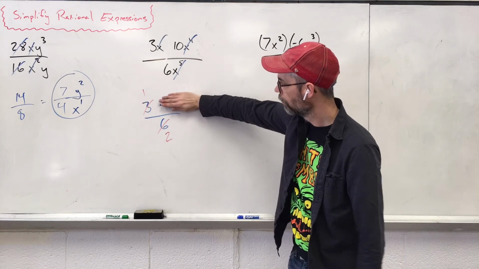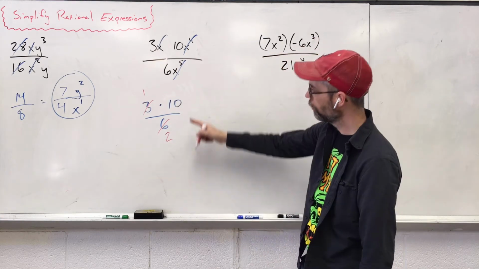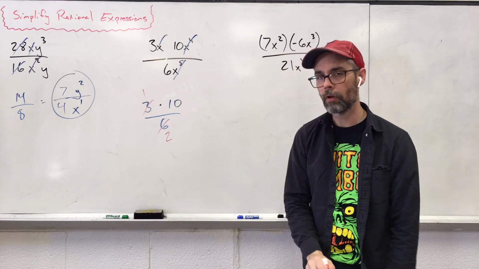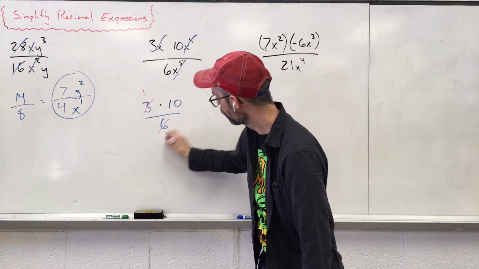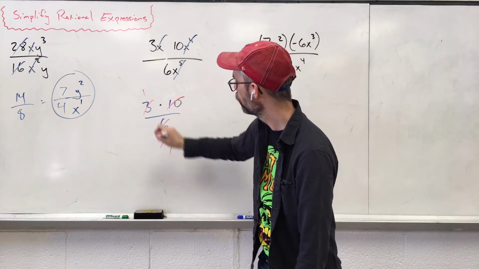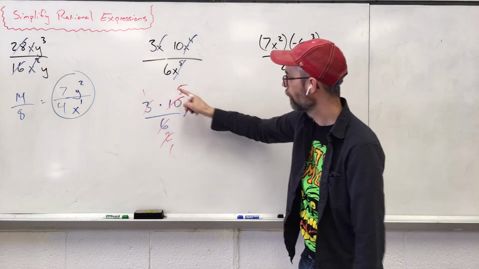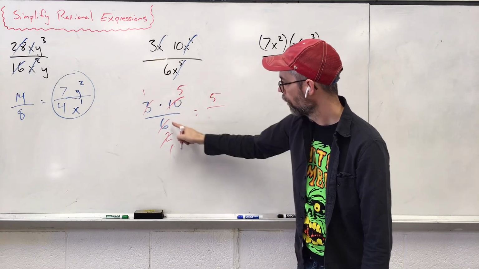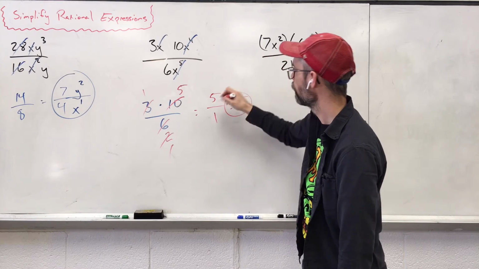So now that 3 is gone, and that 6 is now 2. So now I want to simplify 10 and 2. Well, 10 and 2, they both share that number 2. 2 goes in there one whole time. 2 goes in here 5 times. Now let's simplify that. 1 times 5 gives me 5. And I'm left with just a 1 on the bottom, or just 5.